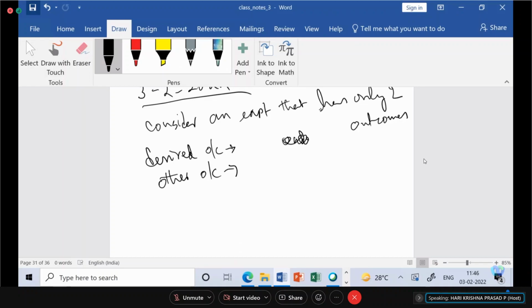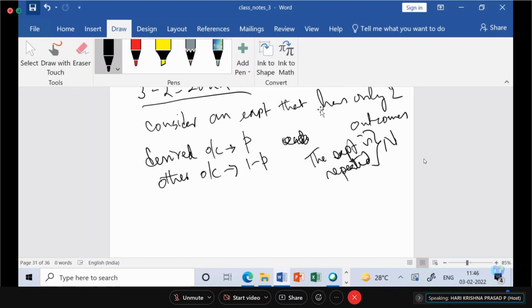If the probability of occurrence of the desired outcome is P, the probability of occurrence of the other outcome is 1 minus P. And further what I assume is the experiment is repeated n times. This is what the normal description is. When the experiment is repeated n times, any question please?